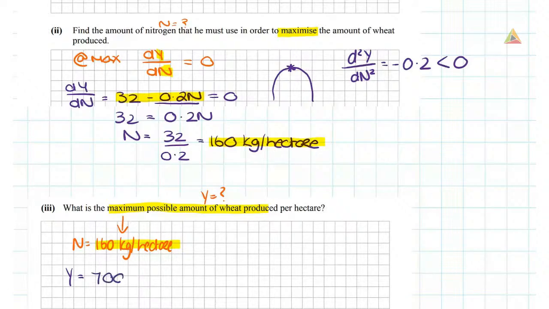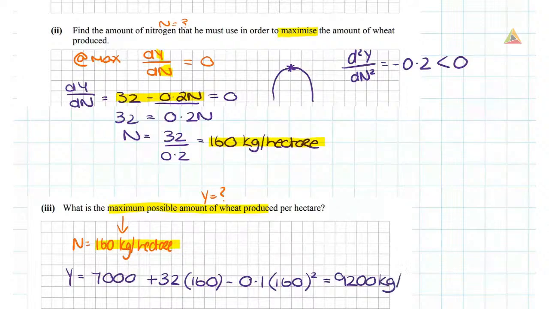So it's 7,000 plus 32 times 160, minus 0.1 times 160 squared. That should give you 9,200 kilograms per hectare.